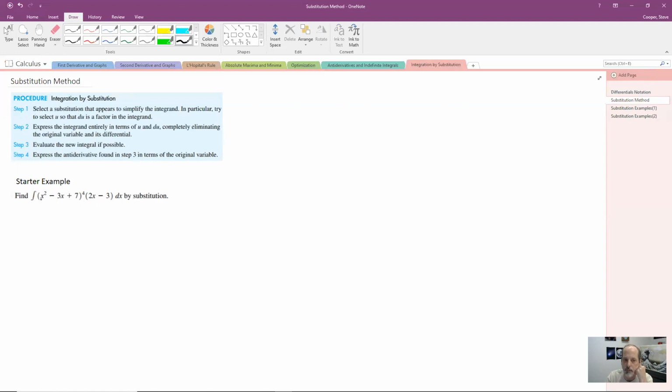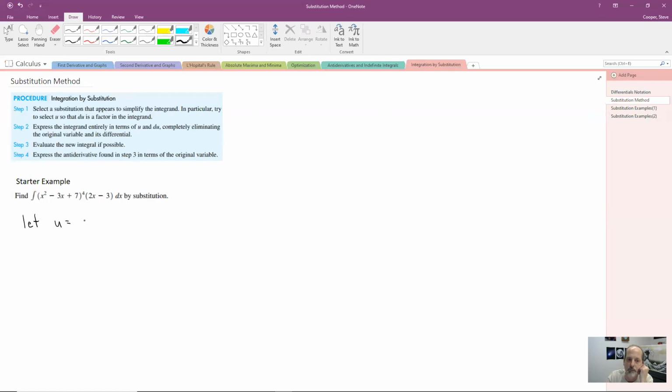So since the expression x squared minus 3x plus 7 is higher degree than 2x minus 3, I want to try that first. So I'm going to say let u, and the way they say it up here is select substitution that appears to simplify the integrand. Try u, so du is a factor of the integrand. Well, that's kind of hard to discover what they mean without trying an example. So essentially, take the more complicated part of the expression and try it first.